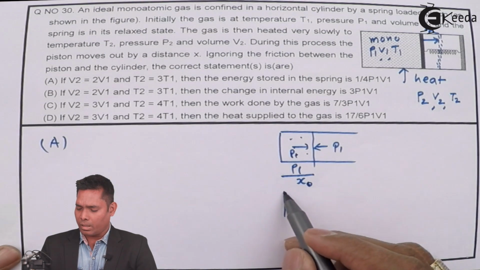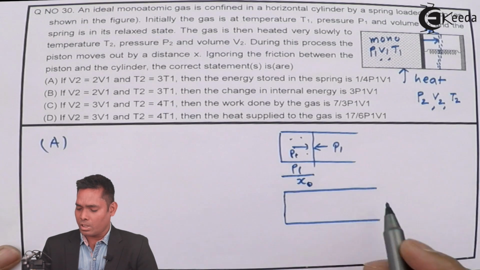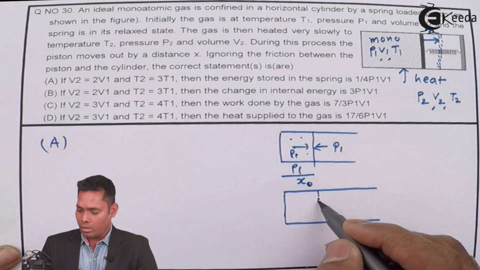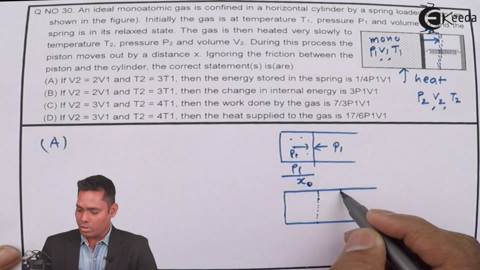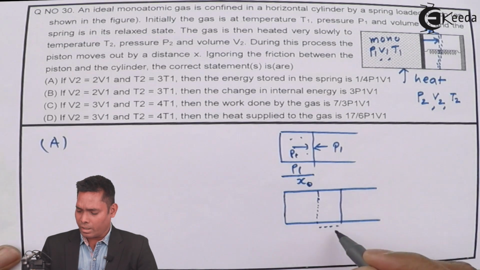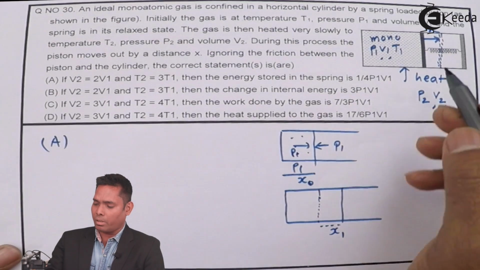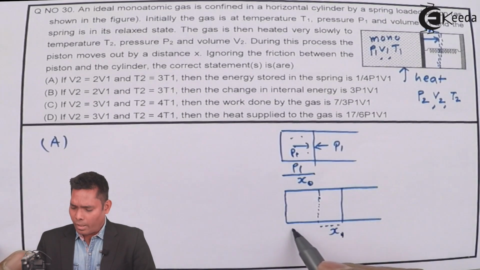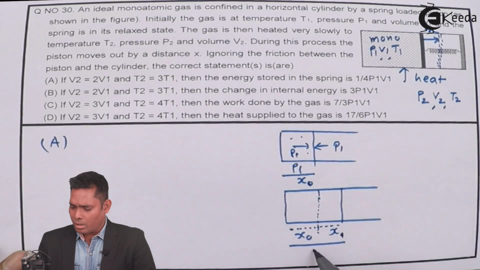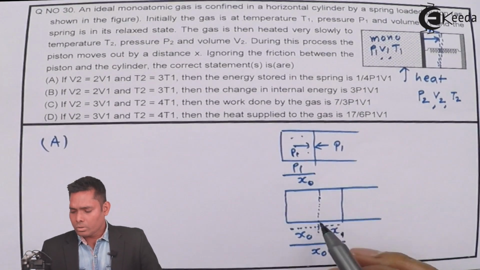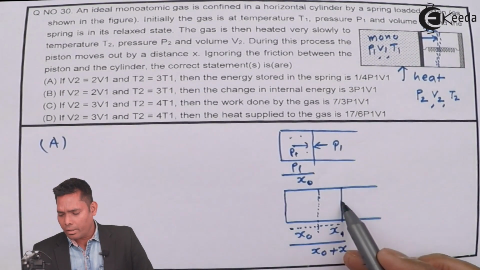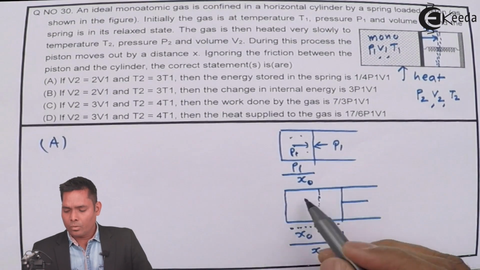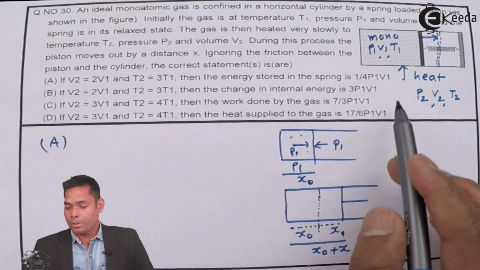In the second case, when it is heated, it moves to a distance x. Initially it was x0, so the total extended distance is x0 plus x, and this is the extra distance the piston moves forward.